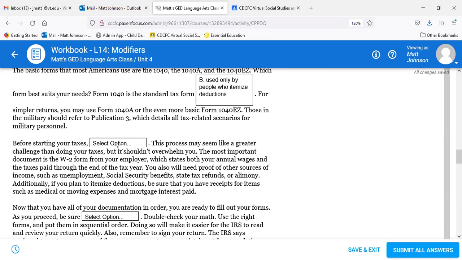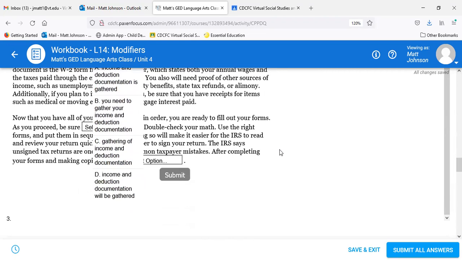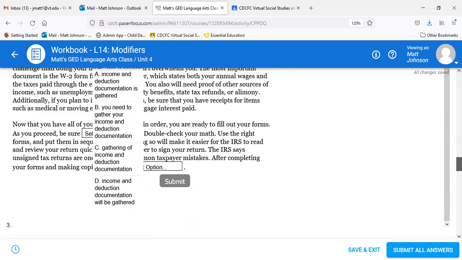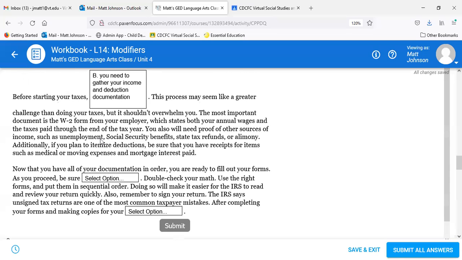Before starting your taxes, Christiana, you try here. Before starting your taxes, you need to gather your income. B. Yes. What's missing is the subject.